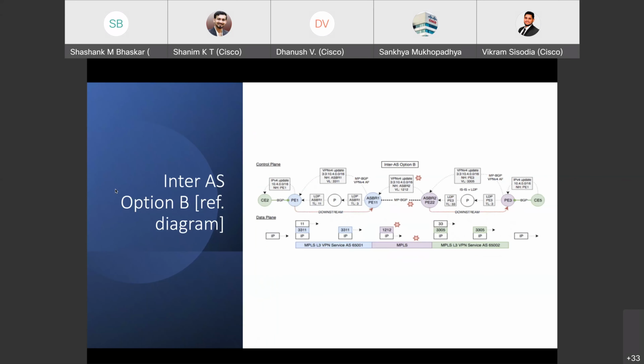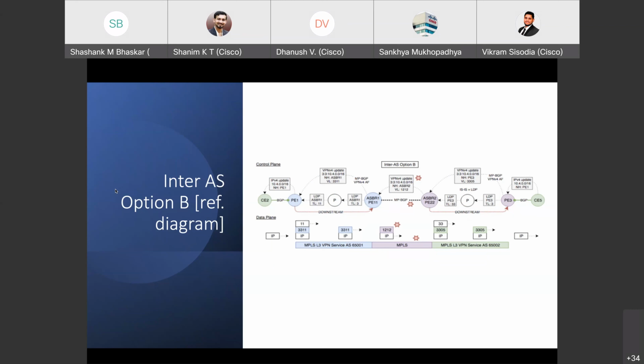This is just a reference of how the control plane would look. If you look at C2, which is trying to reach an IPv4 prefix, 10.4.0.0/16, that subnet is hosted across C5. C5 passes the information to P3 on the right.